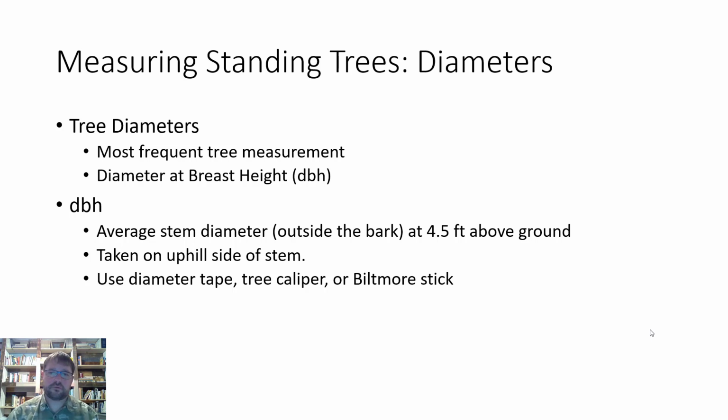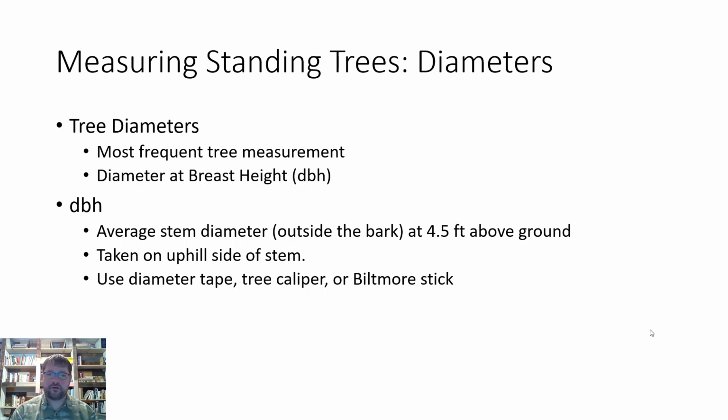And there are quite a few different tools that you can use to get DBH. I'd say the one that's used most often is a diameter tape, or a DBH tape. But old timers still carry Biltmore sticks, and that's perfectly fine. It's a rough estimate.